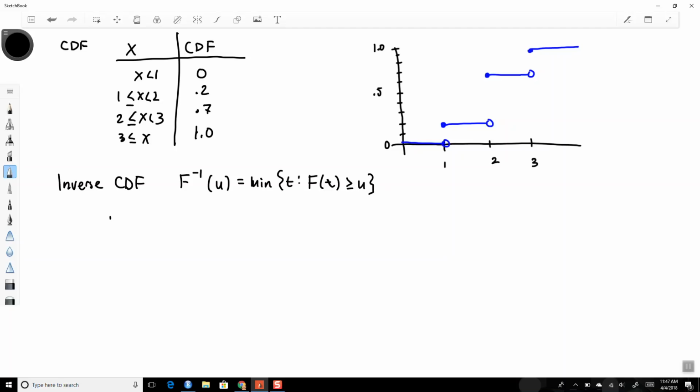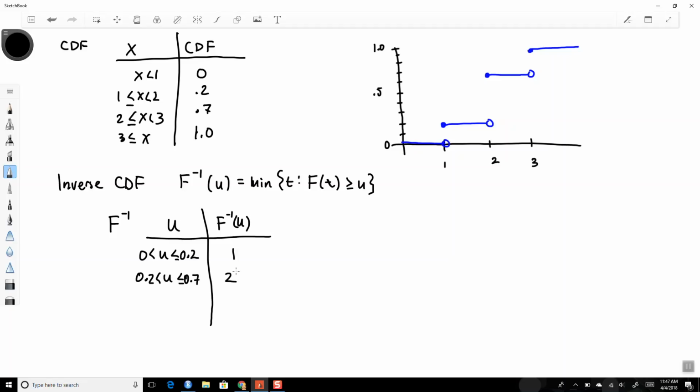So we've got some value u, and the inverse of u is going to be this. From 0 to 0.2, it'll produce the value 1. From 0.2 to 0.7, it'll produce the value 2. And from 0.7 to 1, it'll produce the value 3.